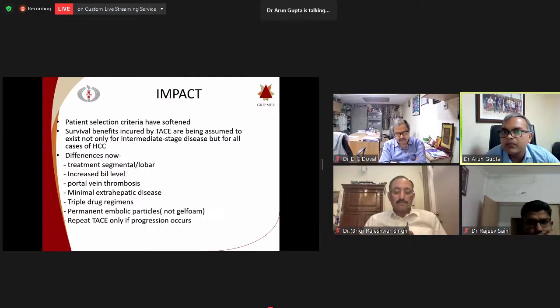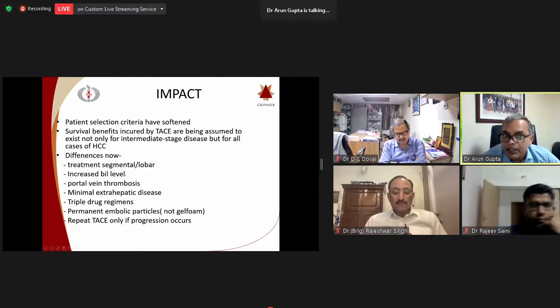And also segmental and even lobar TACE, yes, people have started doing if the TARE option is not available. So the treatment is now on a segmental or lobar basis. There are microcatheters available. So we are treating more patients who have slightly high bilirubin, even up to 3, if the rest of the parameters are okay.